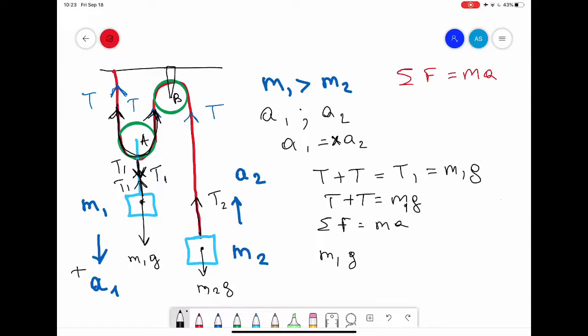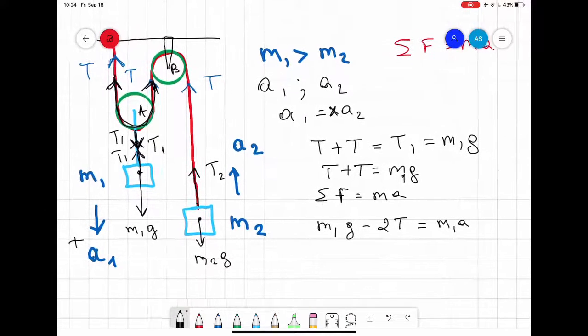Then M1G minus 2 tension is equal to M1A. This is the equation for the first one.